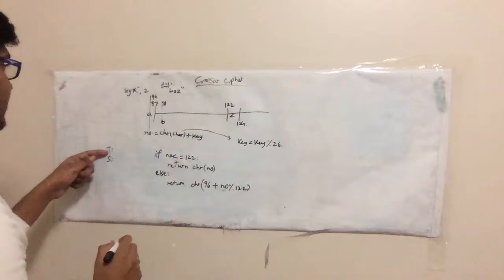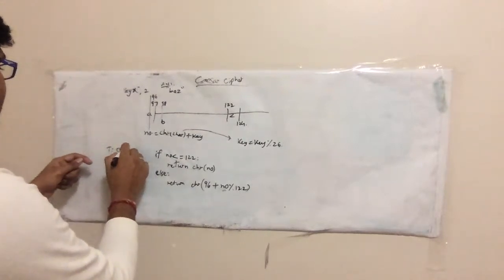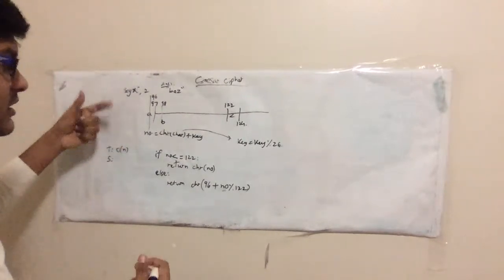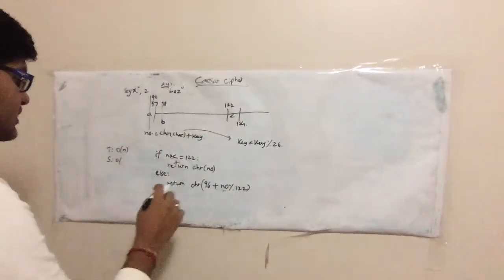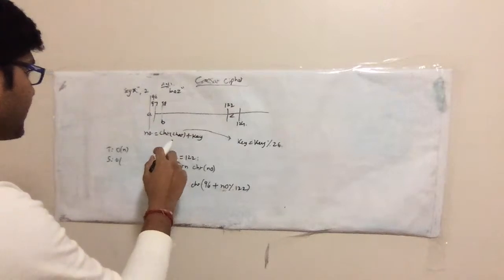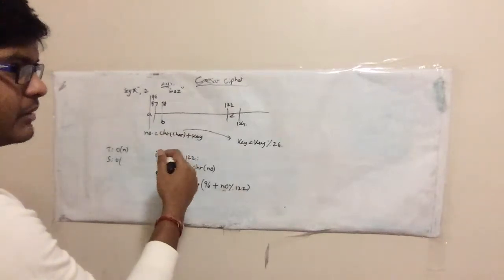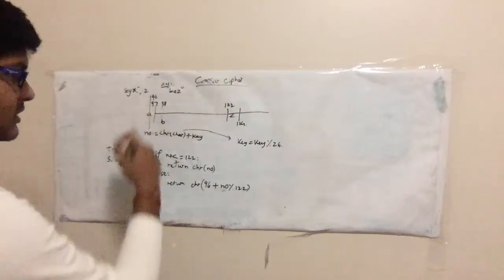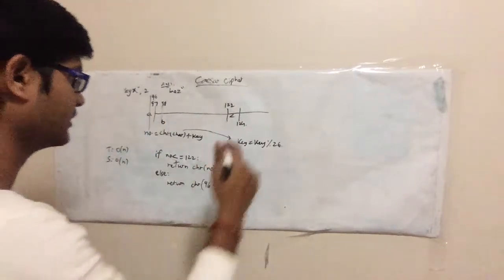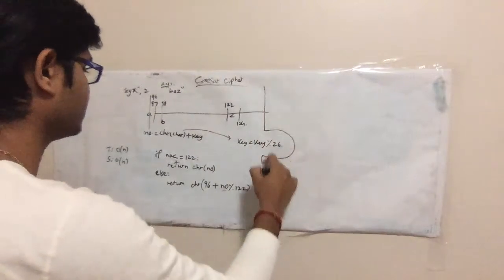So the time complexity for this is big O of n, where n is the length of the input string. And for space complexity, are we building anything here? Yes, we might be building that new list. So it is big O of n, which is equal to the length. Okay, so we can go for the implementation part.